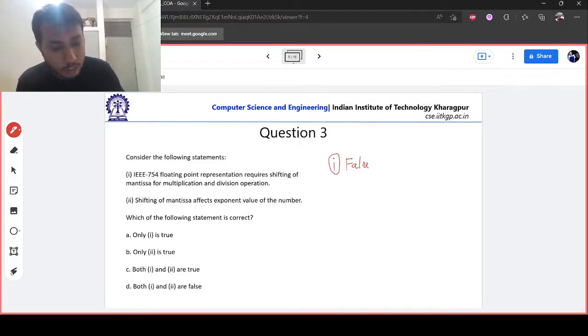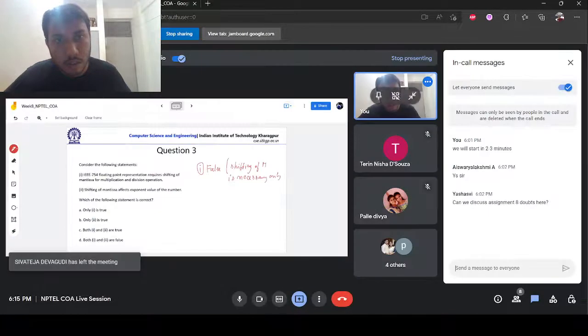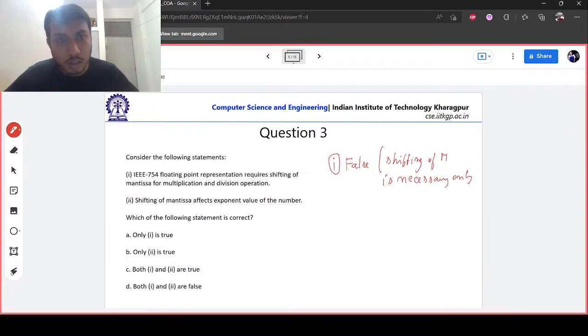The shifting operation is necessary only for addition and subtraction.